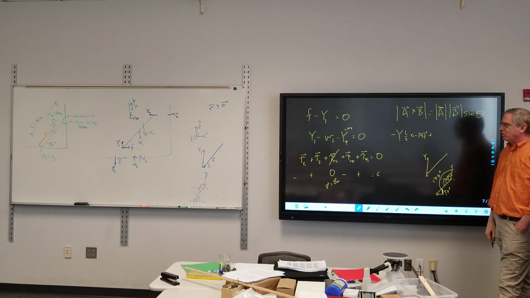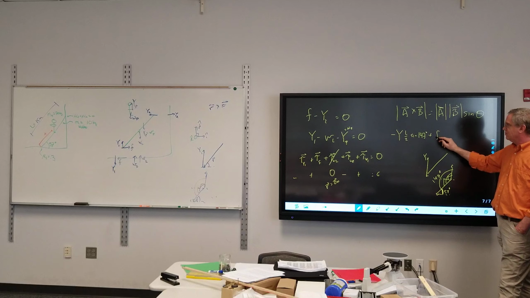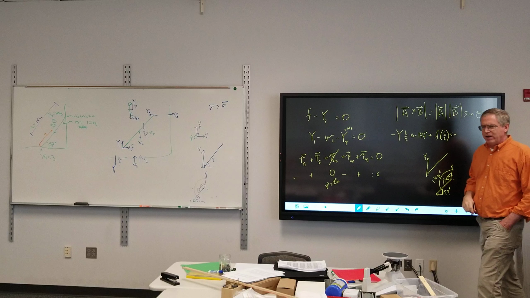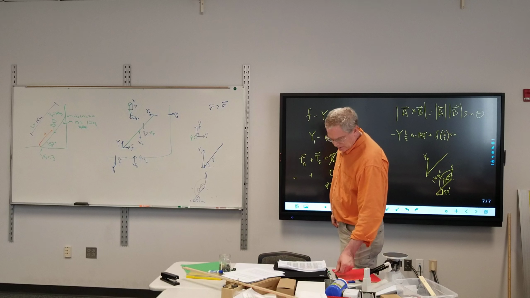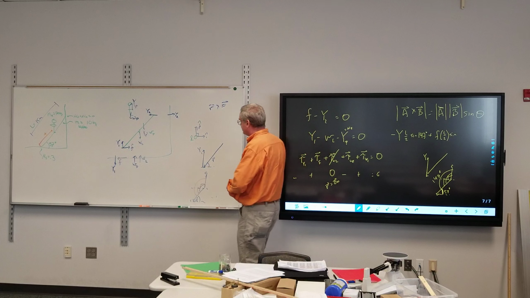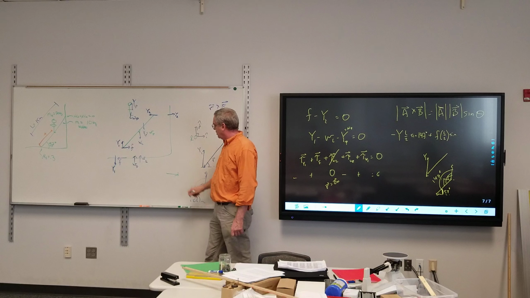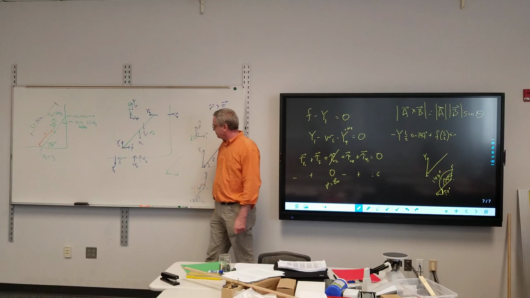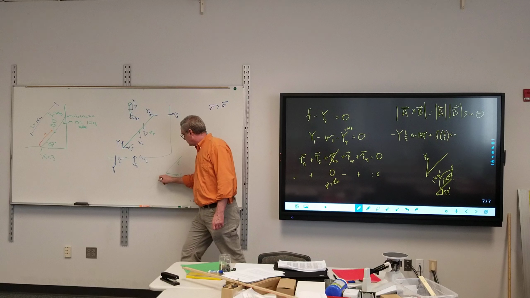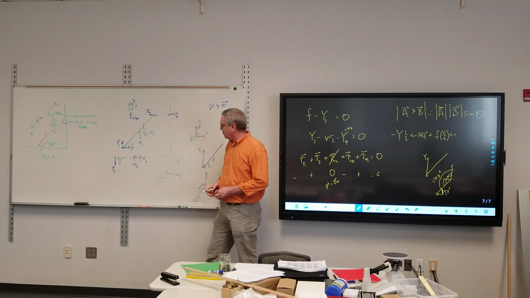Plus the torque from the friction. Well, it's going to be the magnitude of the friction times the distance, L over 2, times the sine of whatever angle that makes. Not 147. Friction is acting this way. My moment arm is acting that way. So this is my friction, this is R. If I put them tail to tail, that is the angle I want.